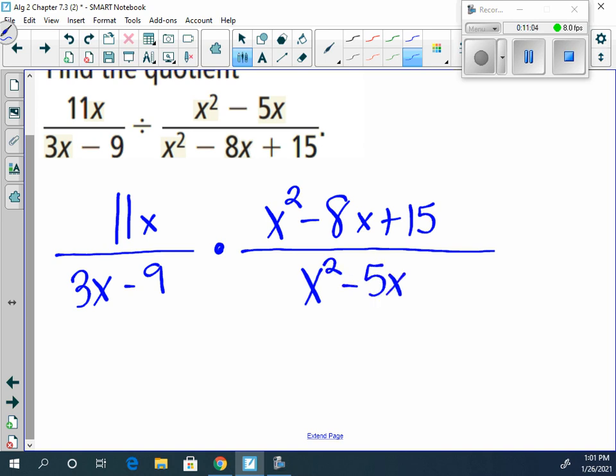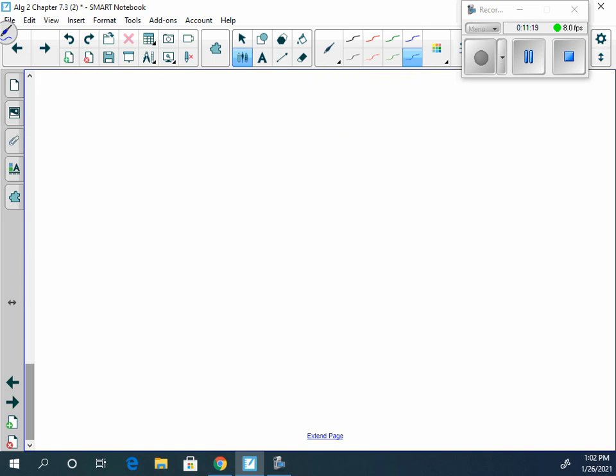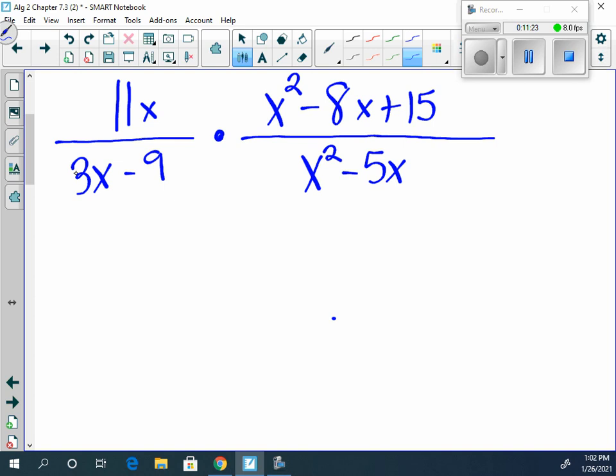First rational expression doesn't change. The second one flips. And now we can do the exact same thing that we did for multiplication. Any questions on this so far?